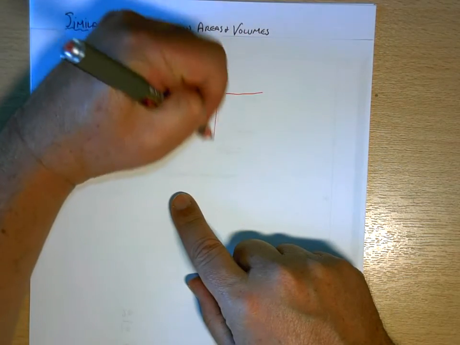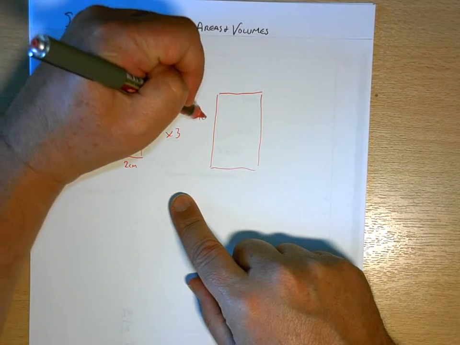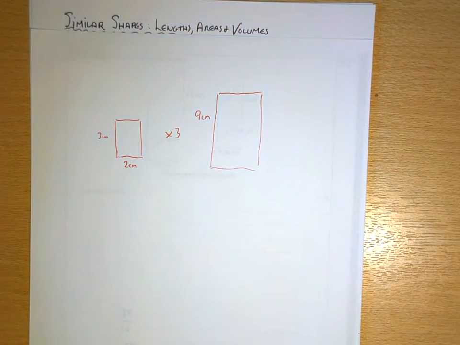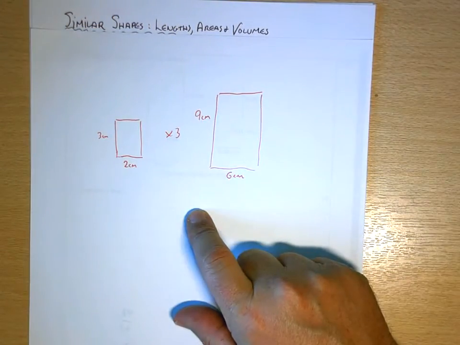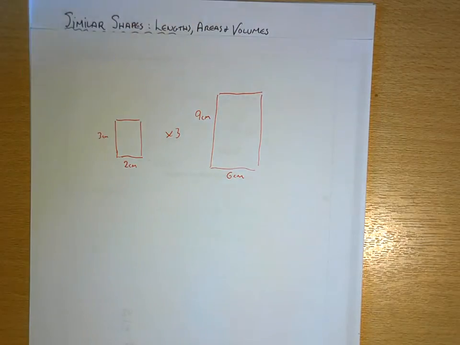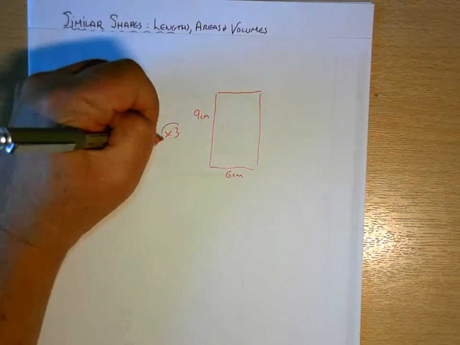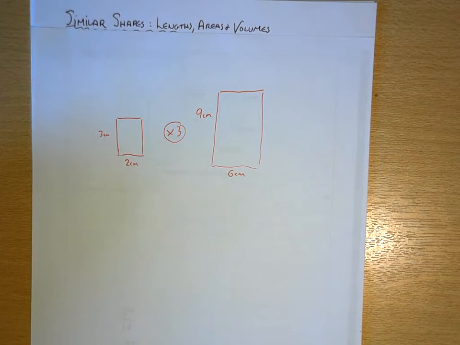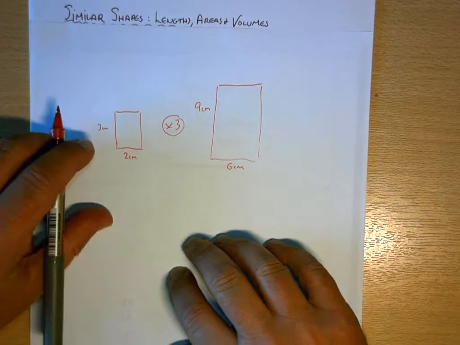So you'd end up with a rectangle that was 3 times 3, 9 centimeters high and 6 centimeters wide. So those would be similar shapes because all the sides have been multiplied by the same scale factor.